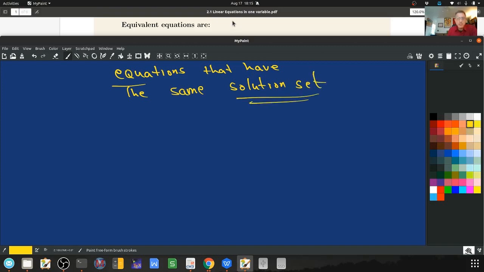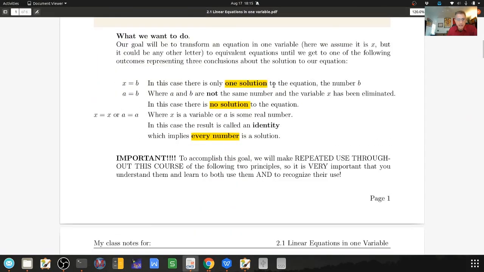And what our job is going to be is to transform linear equations until we get something like the following. x is equal to b, where x is our variable, b is an actual number like x is equal to 3.